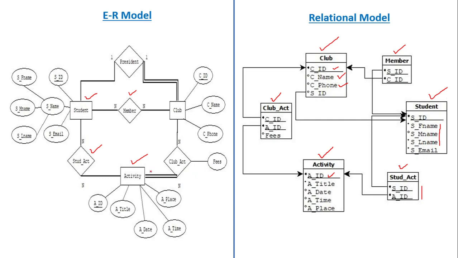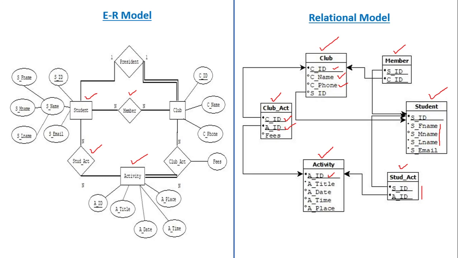Obviously, the primary keys of the participating entity sets will be the attributes. So the primary key of club is CID, that would be one attribute. The primary key of activity, AID, would be another attribute, and these two attributes together will form the primary key of this relation club act, and that is why we have shown the underlines to both the attributes here in the relational model.